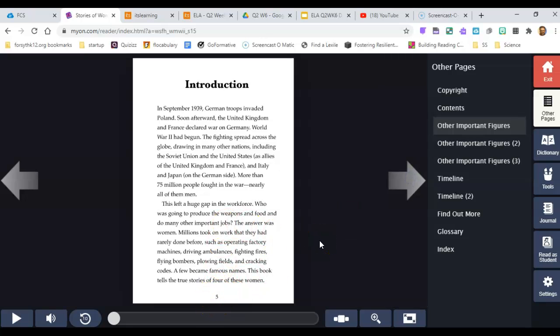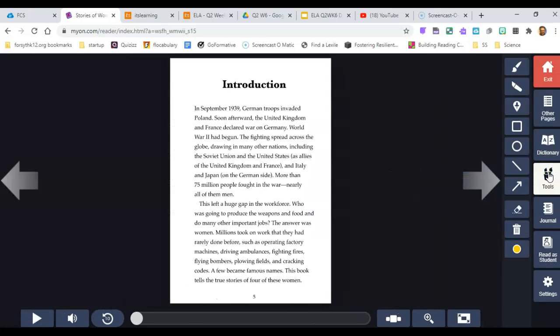And what you can do is go over to your tools, click on here, and I'm going to look to highlight. I'm going to take my highlighter, and I'm going to read through this. Since I have already read this page, I found out right here I like this. It talks about women.